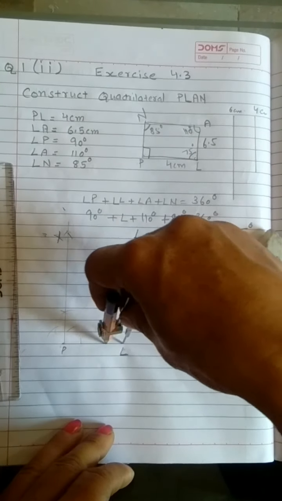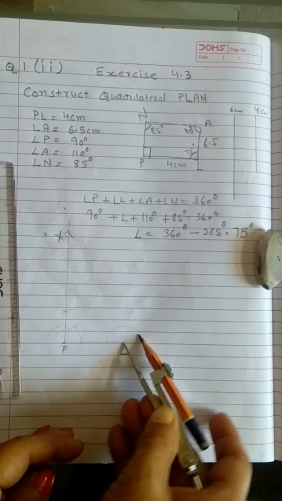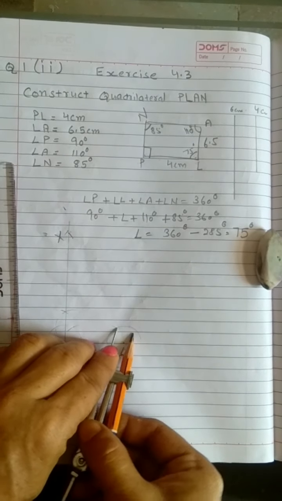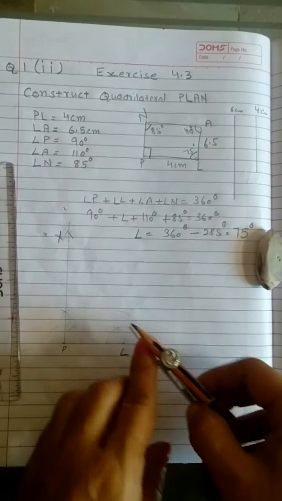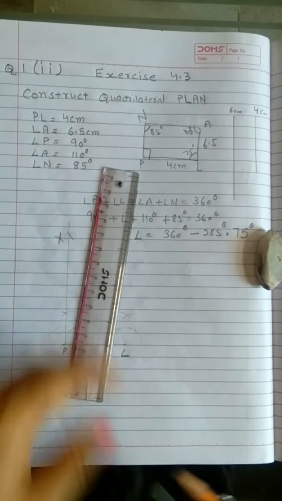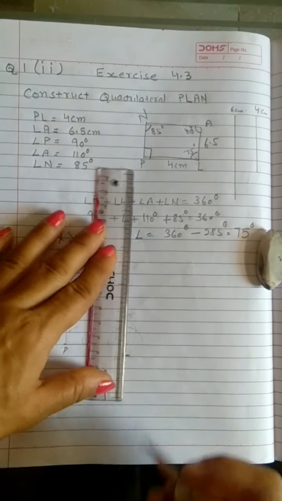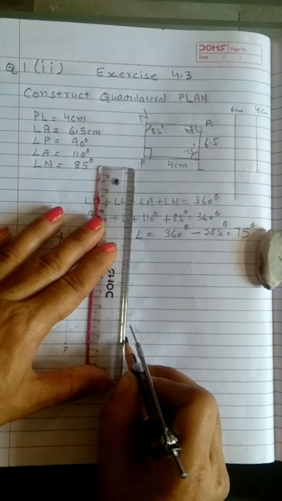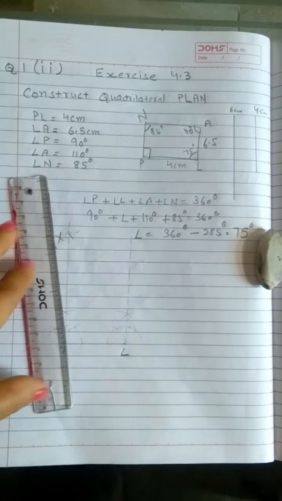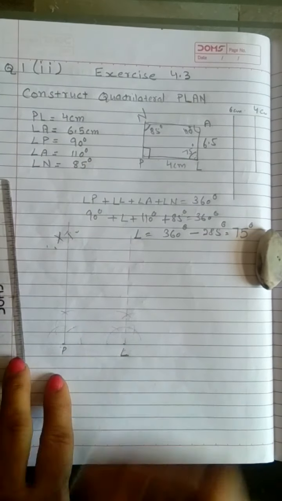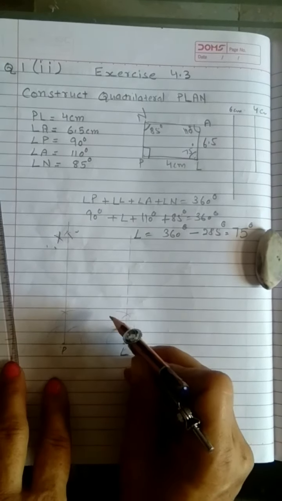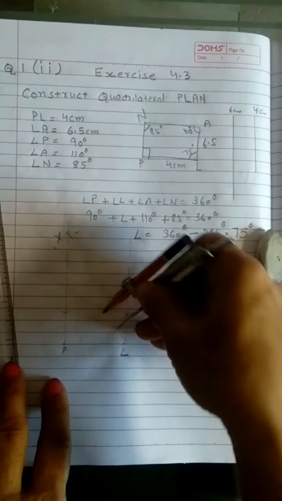Now angle L 75 degree. So to draw the 75 degree angle, first of all, I have to draw a 90 degree angle. You have to draw it, students, only with compass, not using protractor. I don't need the 90 degree angle here, so I'll put it as a dotted line. Now 75 degree lies between 90 and 60. So at the 60 degree angle, put the needle of the compass, draw an arc.